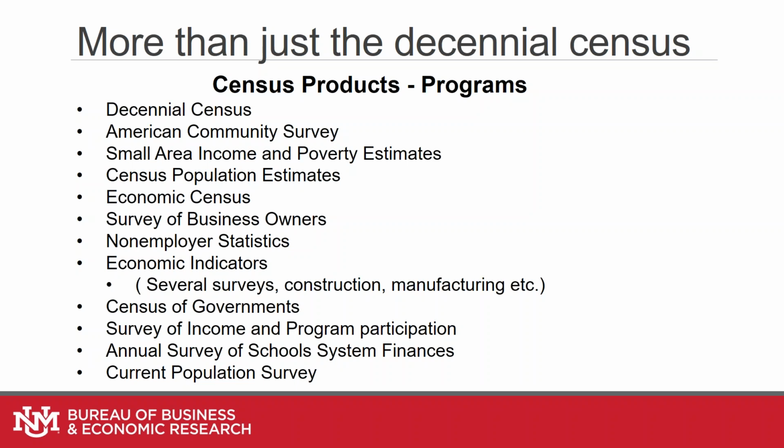They do a survey of income and program participation. That's your SNAP and TANF and food stamp programs. They do an annual survey of school system finances. If you want to find out how much money school systems receive and where they spend it, that's a good place to look and compare across states. And then finally, one of my favorites, they do the Current Population Survey.